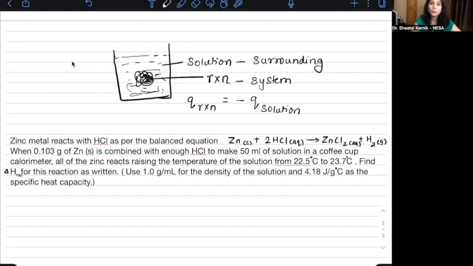When 0.103 grams of zinc is combined with enough HCl to make 50 milliliters of solution in a coffee cup calorimeter, all of the zinc reacts, raising the temperature of the solution from 22.5 degrees Celsius to 23.7 degrees Celsius. Find delta H for this reaction as written. They have given us the density of the solution, and 4.18 joules per gram degree Celsius is the specific heat capacity of the solution.